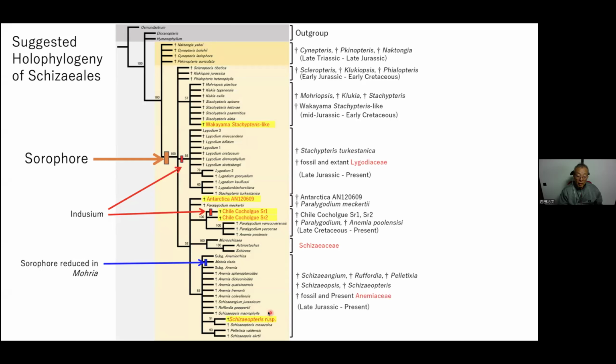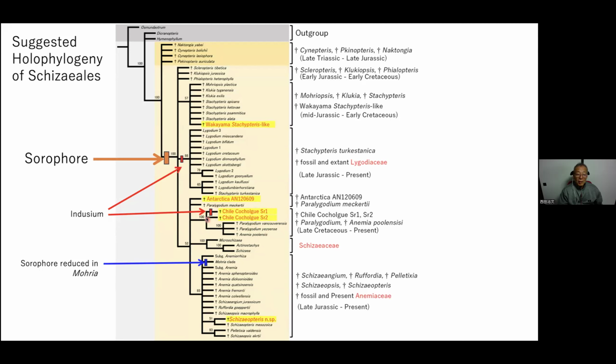And the Chilean material is combined together, but as I said, one of the Chilean material, SR1, has indusium, but the other one doesn't.